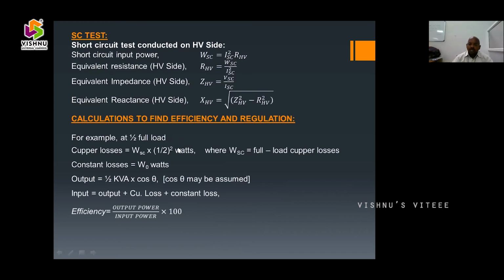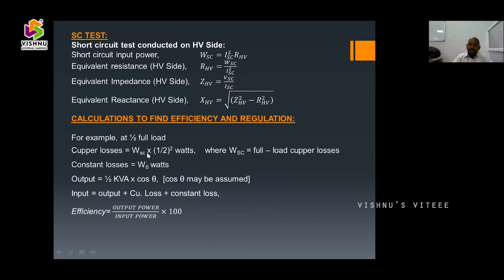Suppose I take the example of half of full load of a particular transformer. The copper loss at half load is calculated as WSC into 1 by 2 whole square. Why? Because the copper loss depends completely on the current rating of the transformer.